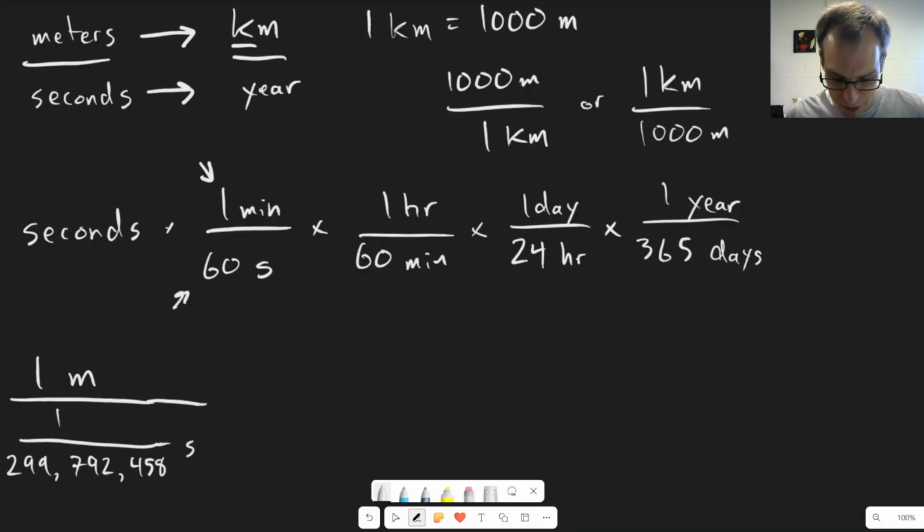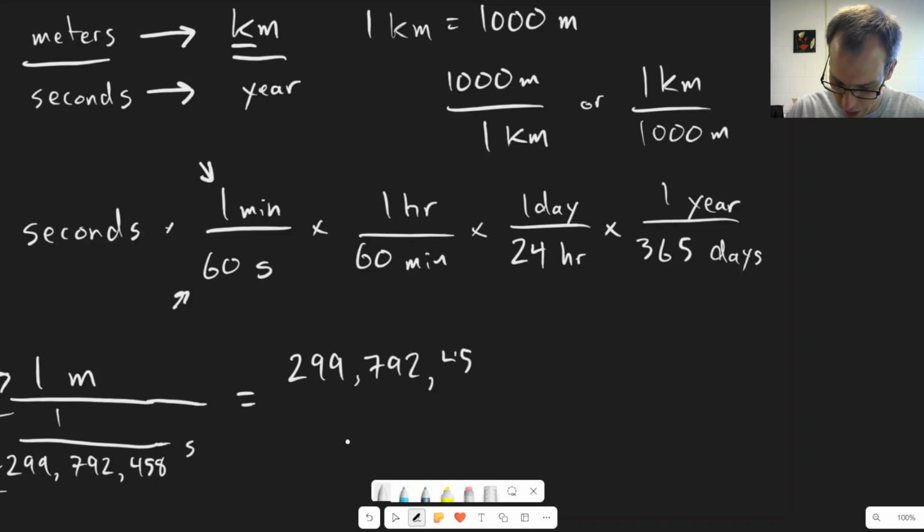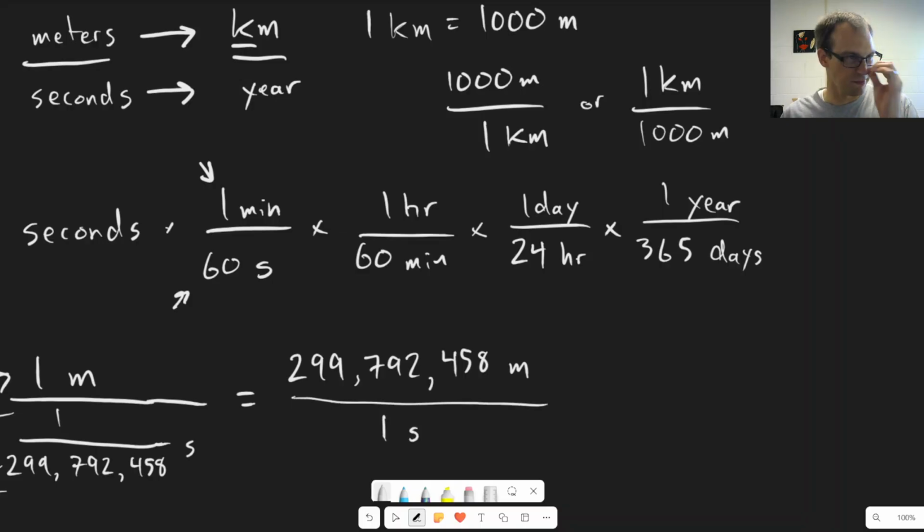This is a little bit clunky written this way, so I'm going to rewrite this fraction. If we have a fraction in the denominator, we can just move this up to the numerator. So I'm going to rewrite this as just the speed of light, which is 299,792,458 meters per 1 second. That's a lot easier to deal with.